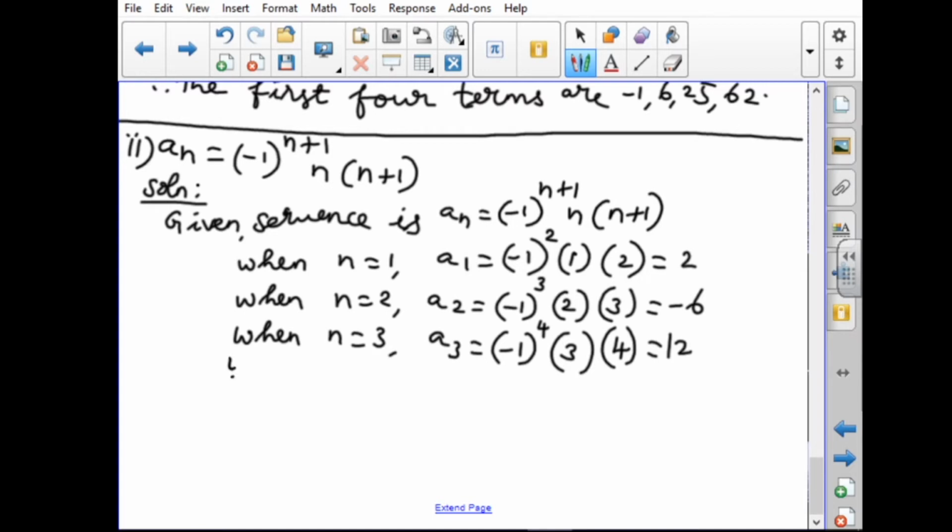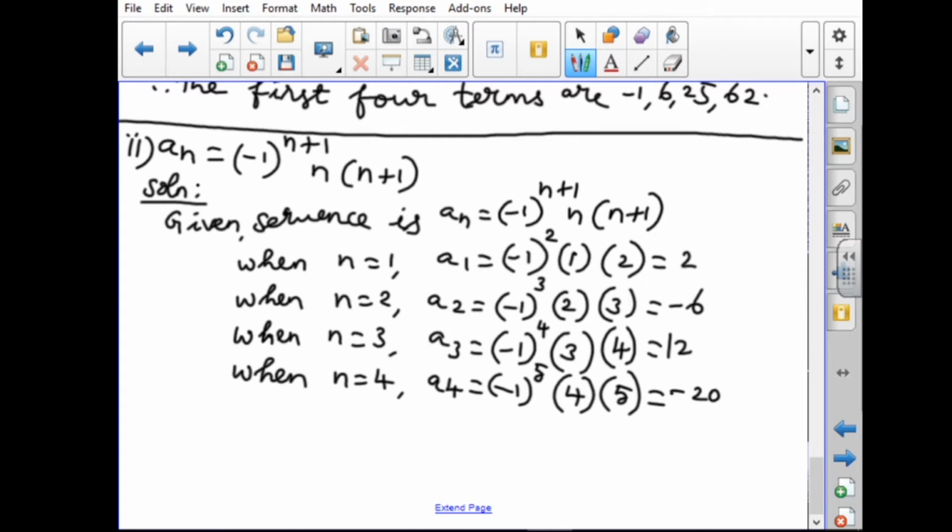Next one, when n equal to 4, a4 equal to minus 1 power 4 plus 1, 5, then 4 into 4 plus 1, 5. 4 5s are 20. So minus 1 power 5 is minus 1. So minus 20.